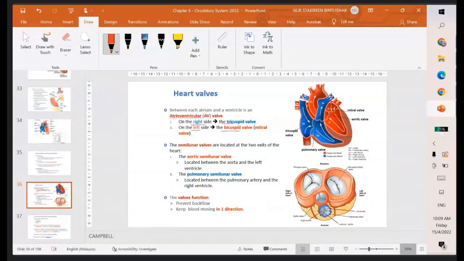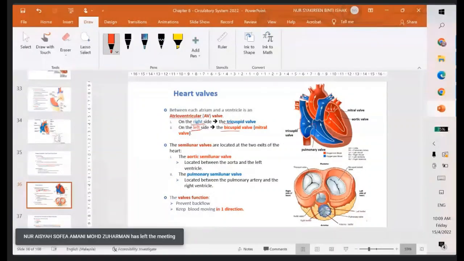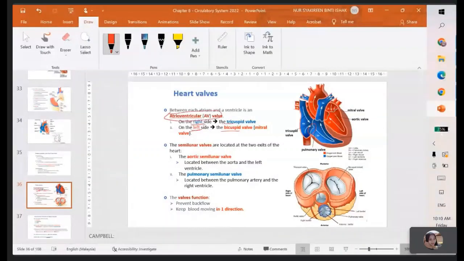The left side is the left atrium, left ventricle. So between that is bicuspid, ataupun mitral valve. Tapi kalau right atrium, right ventricle, in between that adalah tricuspid valve. Both of these valve is also known as atrioventricular valve. Okay, so thank you, Ishraf.